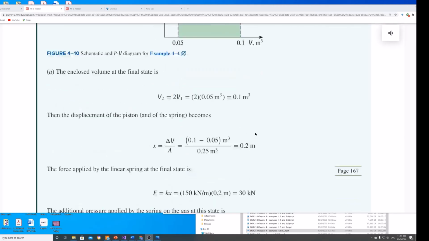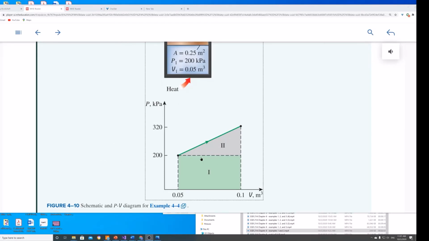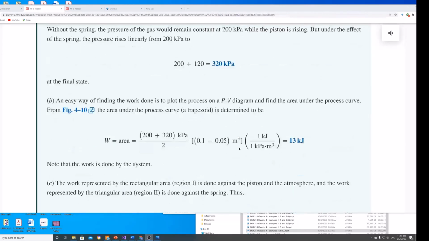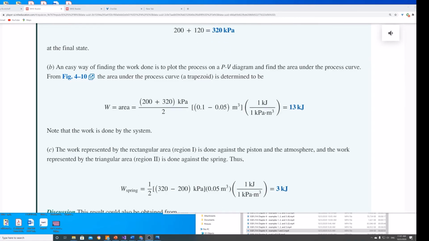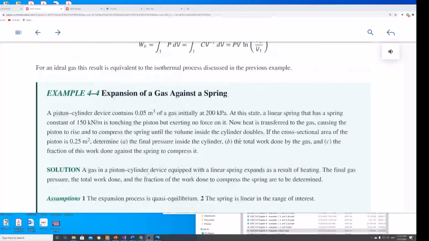So a little bit different way to look at it, although you could have done it the way I originally talked about, this area plus this area, or doubling it and then cutting it in half. That's essentially all the author did here. Double the area, cut it in half, and then make the conversion. So now you have 13 kJ. That's the total work.